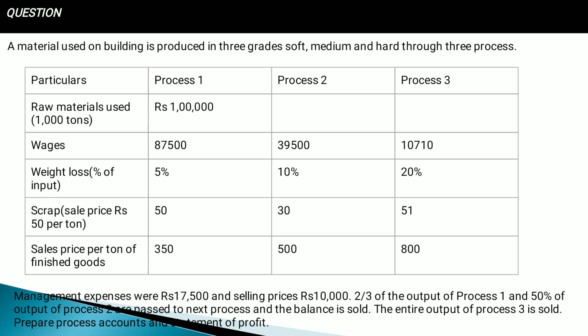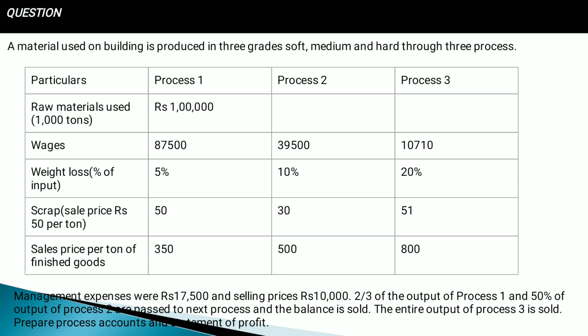Weight loss: process 1 5 percent, process 2 10 percent, process 3 20 percent. Scrap value is 50 per ton. Sale price of scrap: process 1 50, process 2 30, process 3 51. Sale price per ton of finished goods is process 1 350, process 2 500, process 3 800.